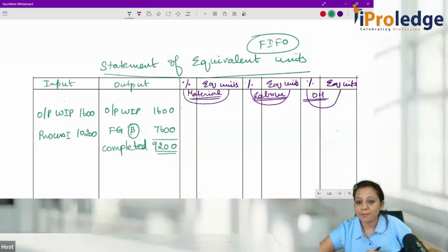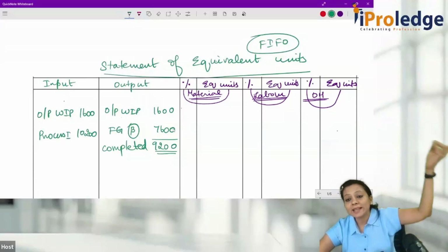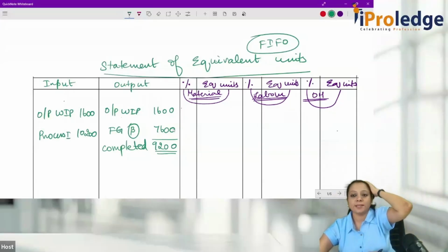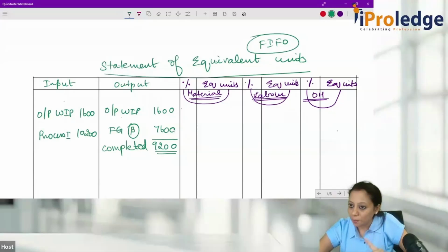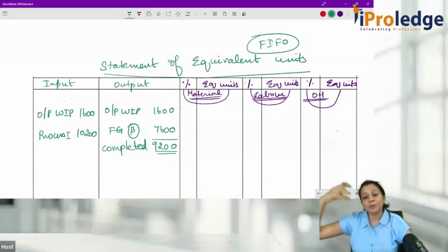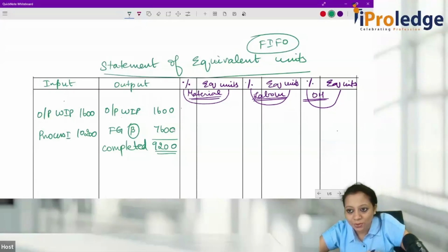Once again, I'm saying in the question, they would have given you opening WIP as well as how much has come from the previously made process. So 1,600 is the opening WIP. From the previous process, we got 10,200. Now how much are we sending to the third process? 9,200. FIFO means first in, first out.